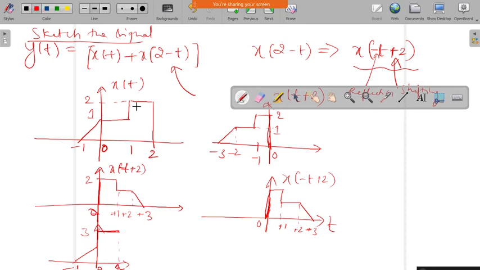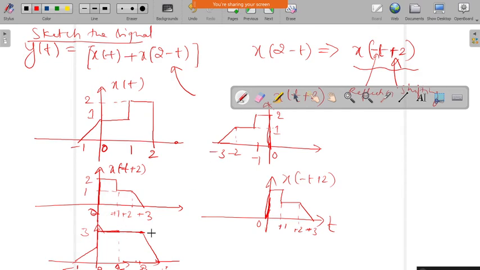Now from 1 to 2 it is 2, and here 1 to 2 it is 1. So 1 plus 2, again 3. From 1 to 2 it will be the value 3, it will remain as it is. Now from 2 to 3 it will be 0, and here 2 to 3 it is a decaying ramp. So from 2 to 3 you will get the decaying ramp.